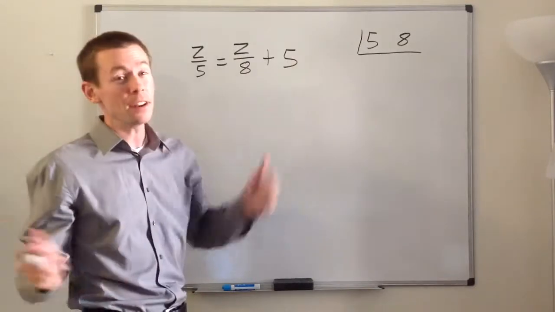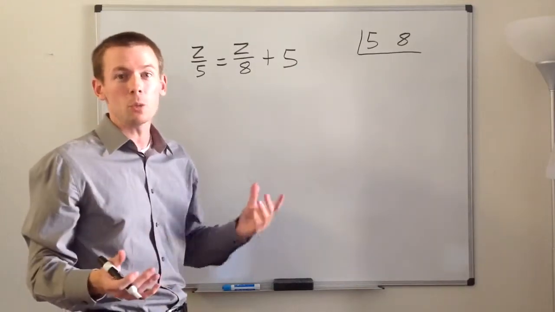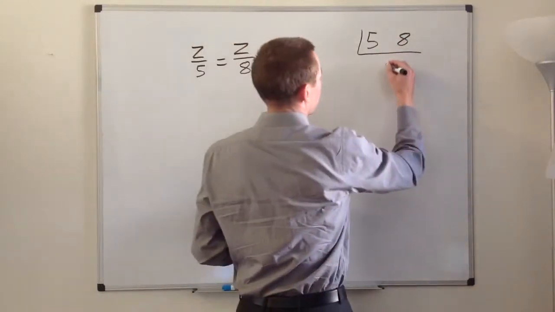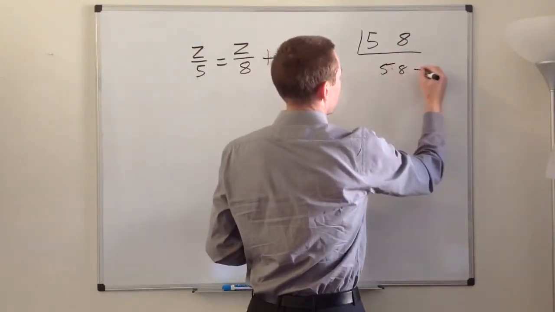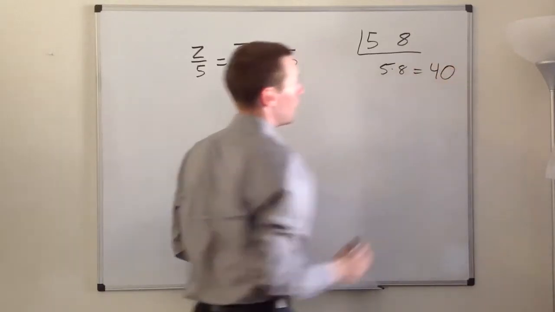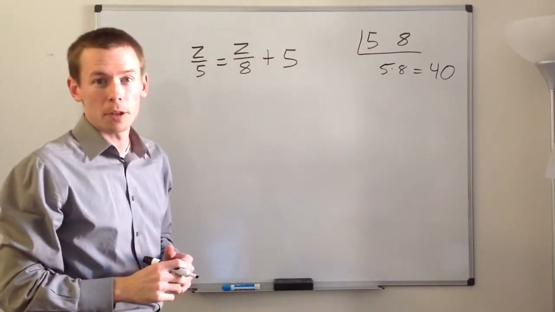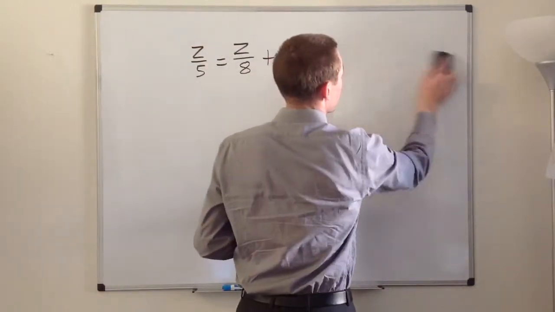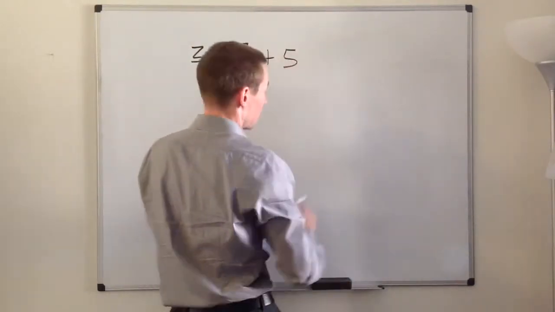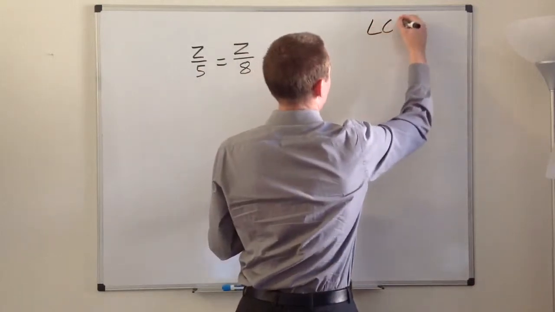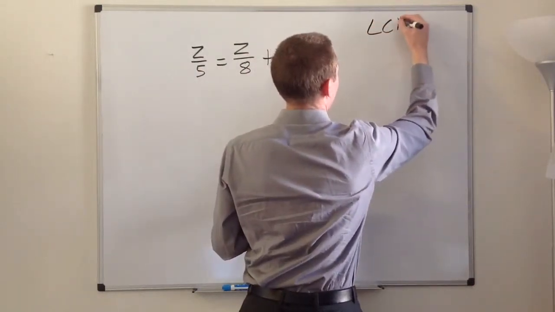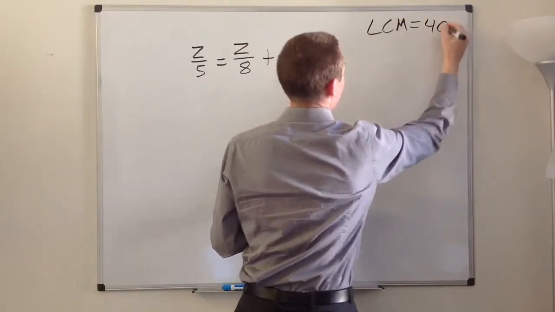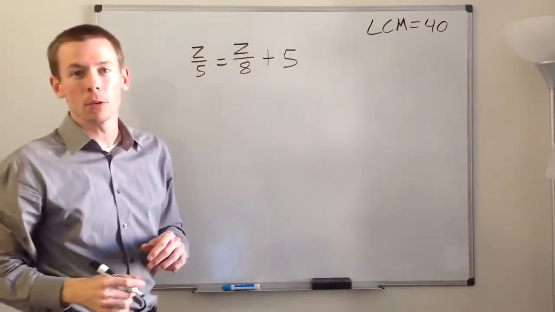So this is the end of our ladder, so that means we multiply the two numbers that we started with. And our lowest common multiple is 40. So I'm going to write LCM equals 40.